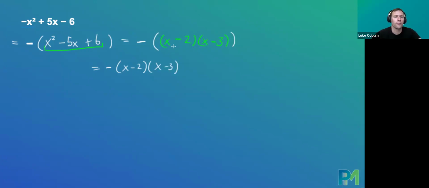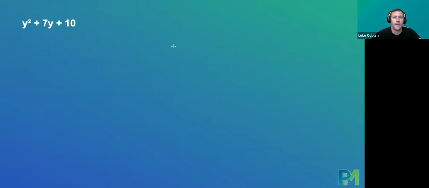So this was an example of doing a trinomial, but with a common factor first. Now, this kind of stuff really catches people out, as soon as we're not using X anymore. You just get familiar with one.